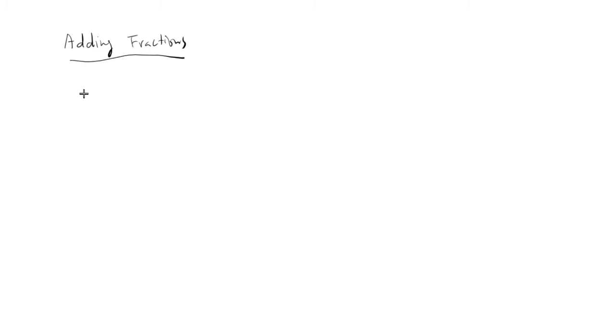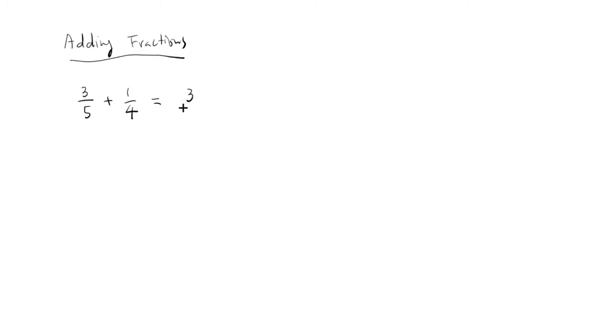Let's say you have 3 over 5 plus 1 over 4, and you want to add these two things. Well, you're told that in order to add two fractions, you need a common denominator. Okay? That's only for addition. Multiplication, you don't need it. Only when you add, you need common denominators.